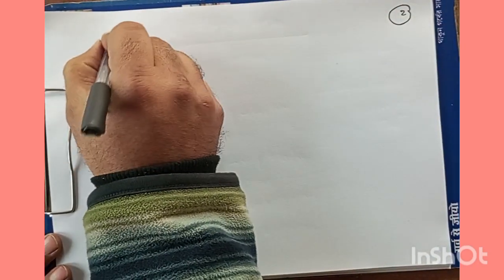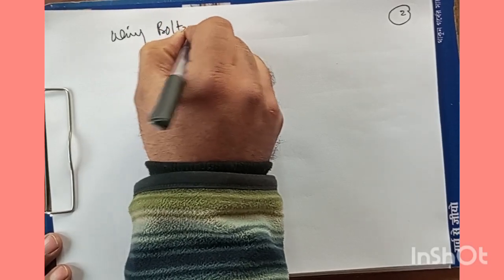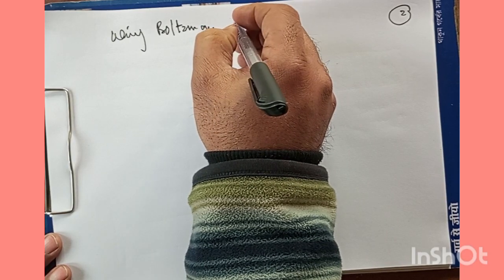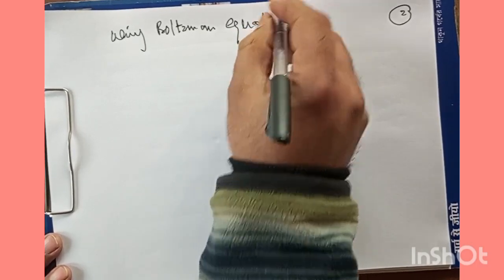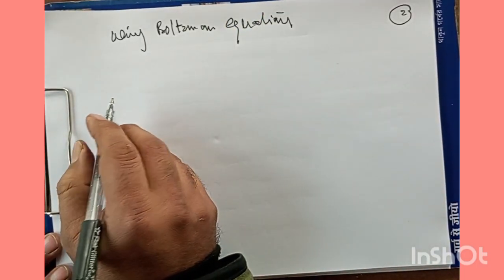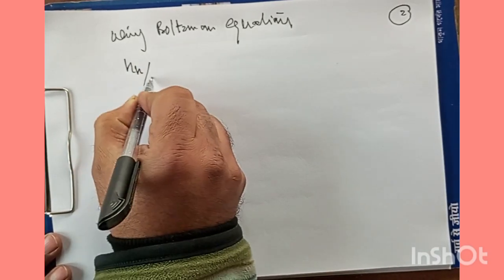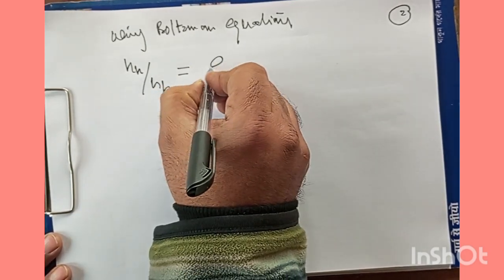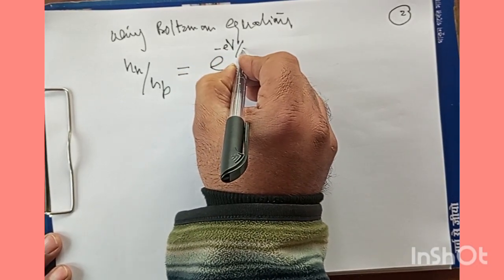Now, making use of the Boltzmann equations, for electrons we have n of n divided by n of p, and this is given as e to the power of minus eV by kBT.